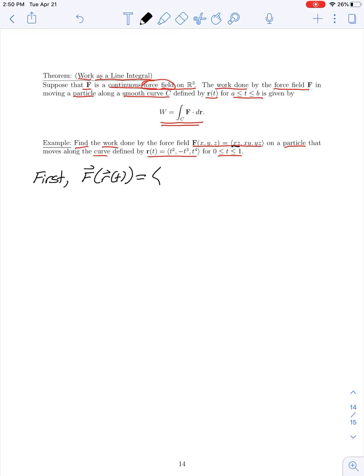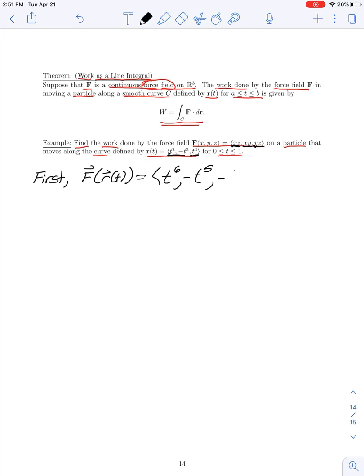So in this example, our first component of that force field is x times z. So here we would have t squared times t to the fourth, so t to the sixth. Our second component is x times y, so multiplying the first two components of r, we have negative t to the fifth. And our last component for the field is y times z.